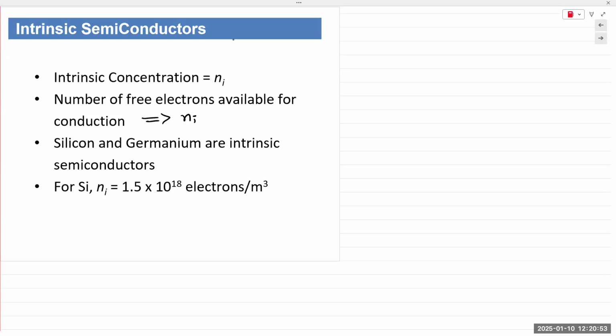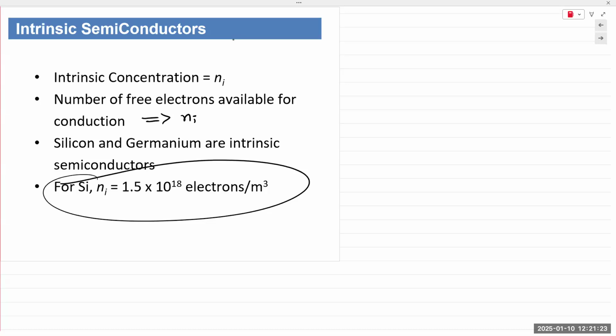So Ni. In general, for many equations, we simply use N for the number of electrons. You can see the number for silicon is about 1.5 times 10 raised to 18 electrons per meter cube. Seems like a huge number, but again, it's not.